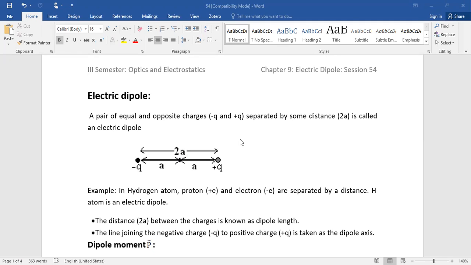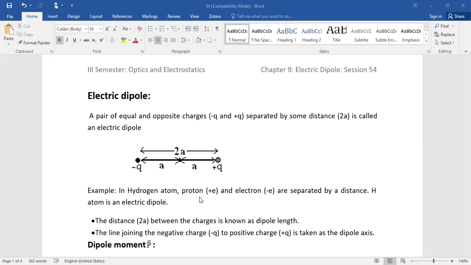This electric dipole concept is useful because in some atoms or molecules, electric dipoles naturally exist. Atoms and molecules behave as electric dipoles. For example, the hydrogen atom is the simplest atom, containing only a proton and an electron.